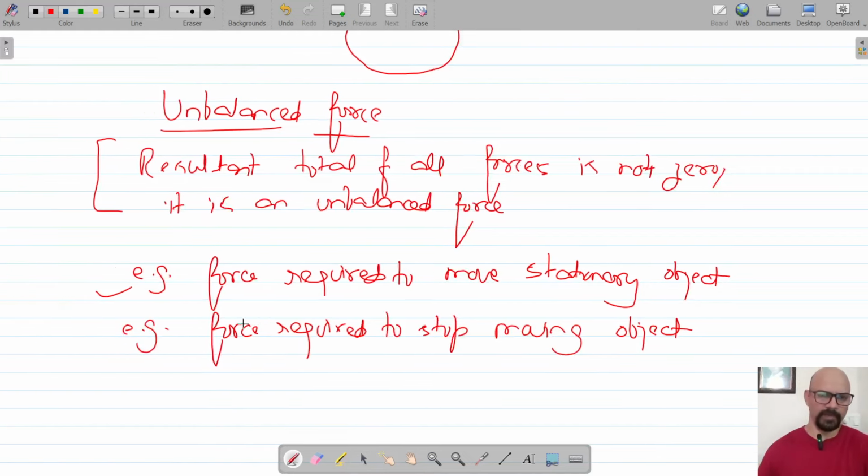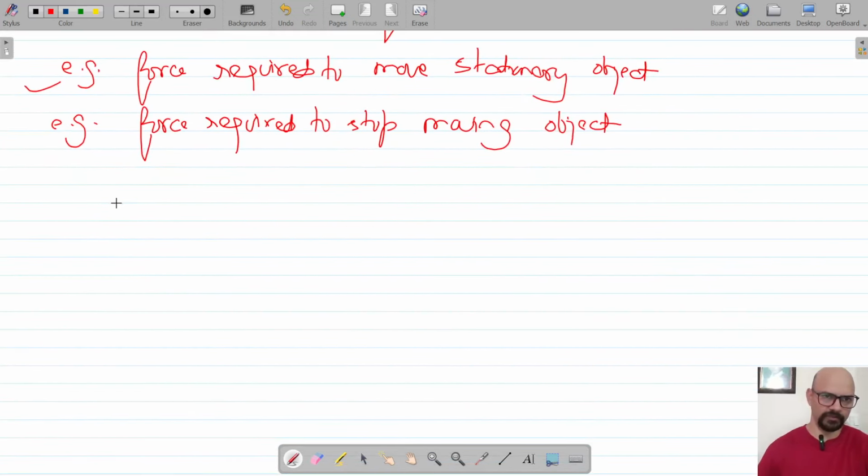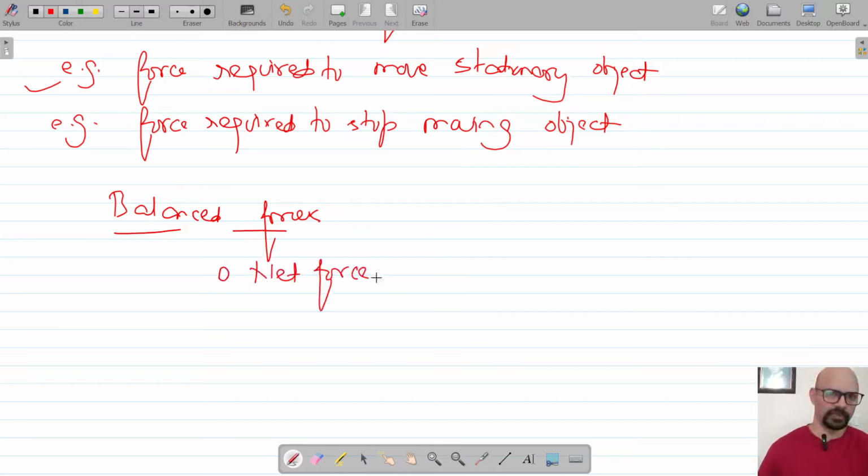Now we have studied the balanced and the unbalanced force, and the summary says that for balanced forces, the net force is zero. So this is zero net force, and when there is no net force, that means there is no acceleration.